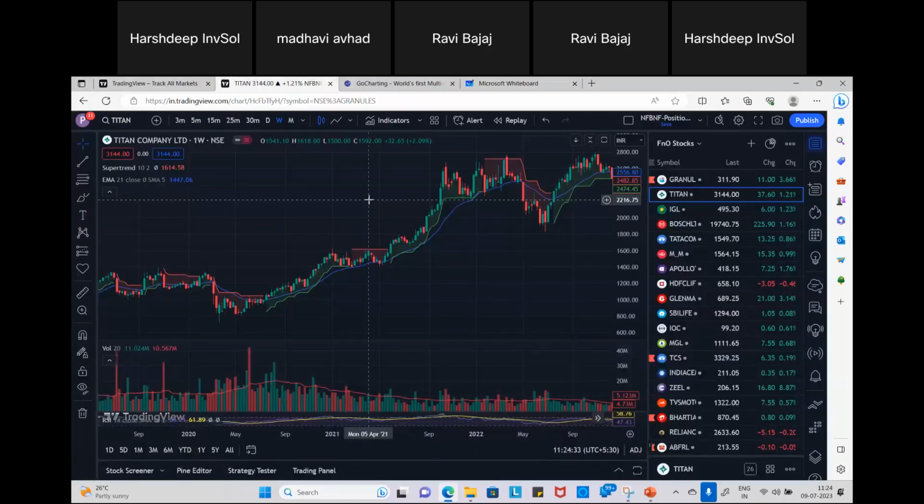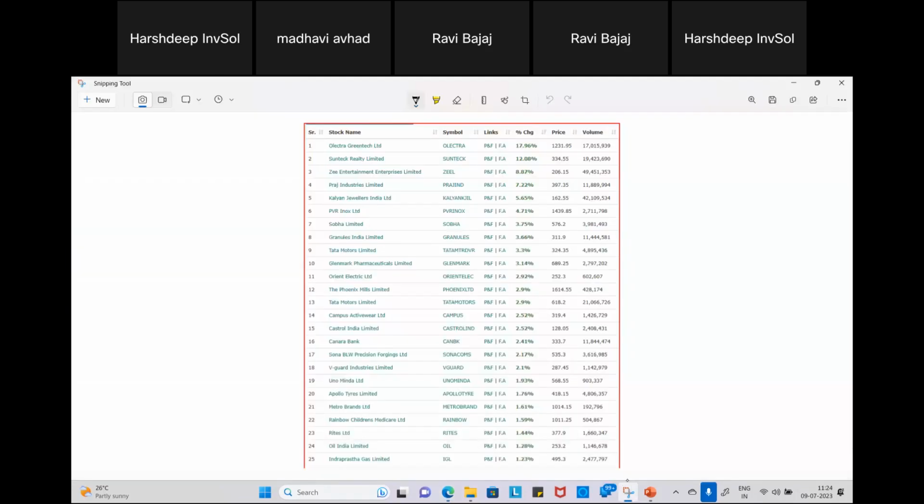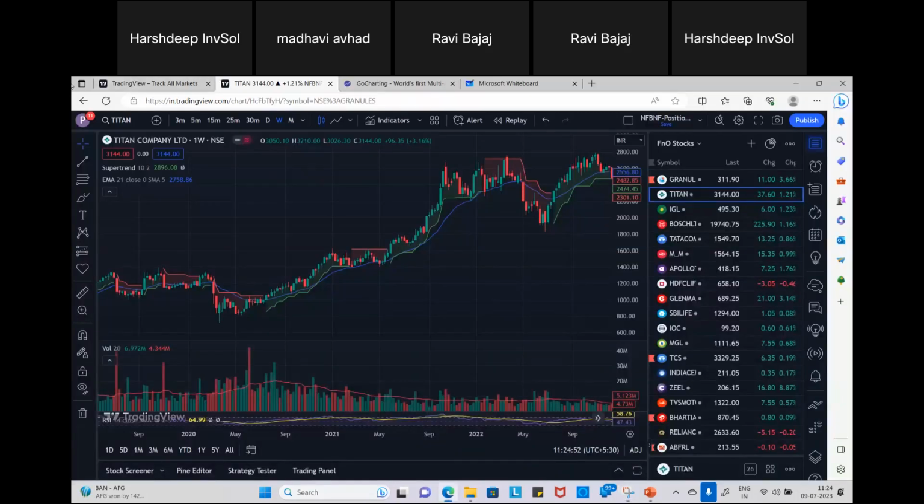So what we will do, we will go to the scan results. I have already taken the scan results. First one is Olectra Greentech. Okay, so we will enter the name as Olectra Greentech.